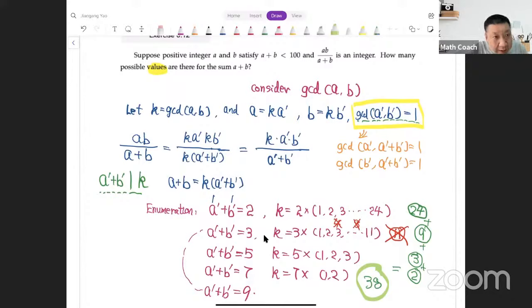Okay, so number 1 match, number 2 match, number 3 match, number 4 match, number 5 match, number 6 match, number 7, yes, number 7 match.